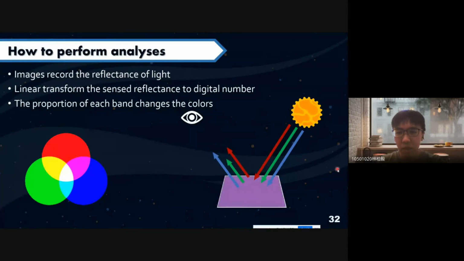And if the reflected color is not 100% and becomes this kind of proportion, then it will become its corresponding color. So here, the reflectance is linearly transformed to a digital number, and the proportion of each band changes the colors.